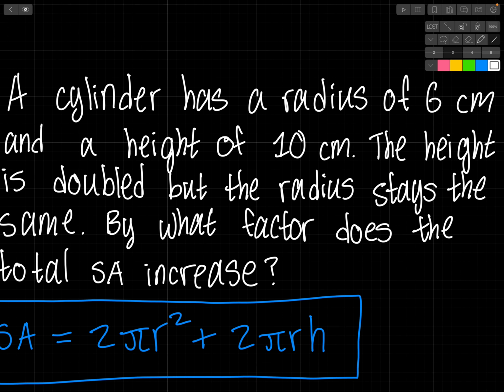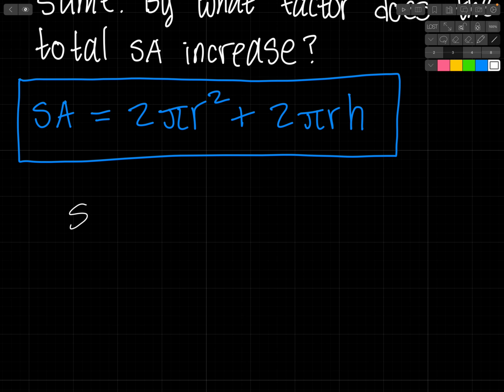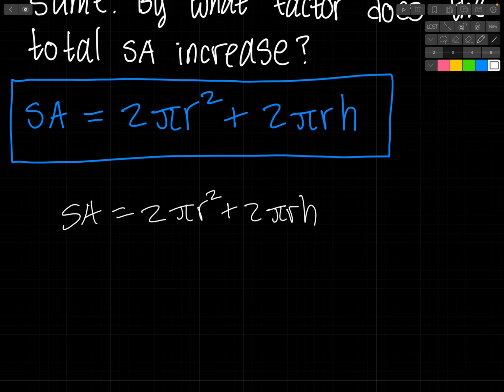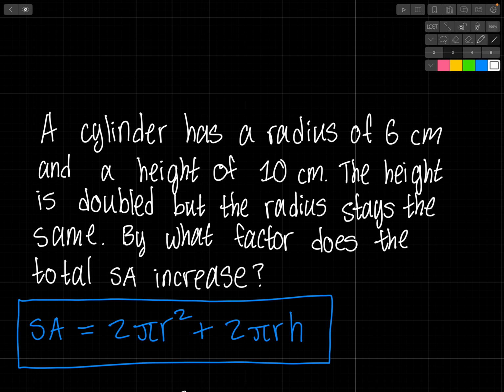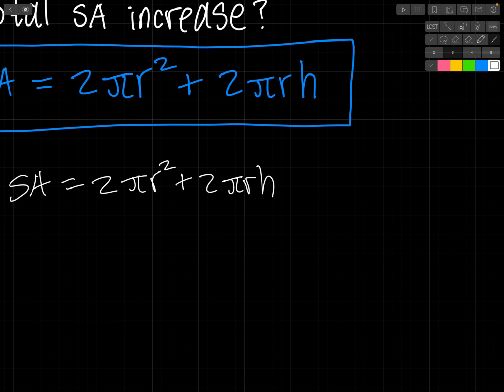So in this formula we have surface area equals 2 pi r squared plus 2 pi r h. So since the height is being doubled, we do this times 2. The h is getting doubled.